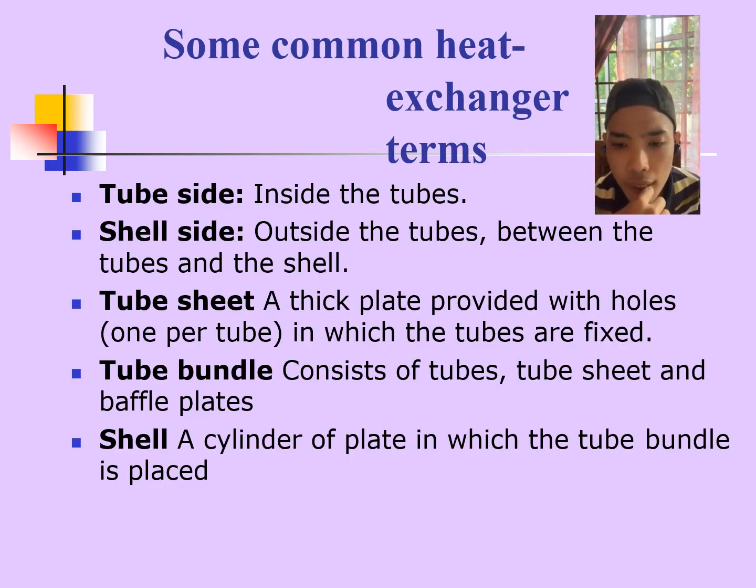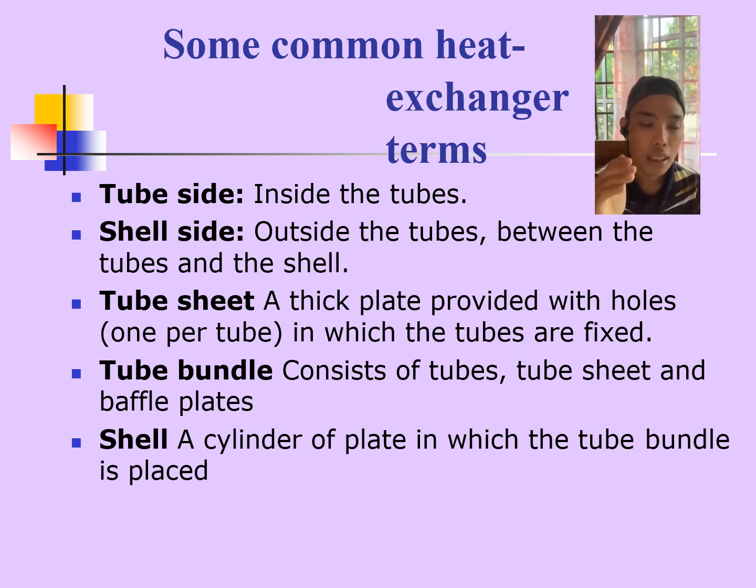Okay, there are several common heat exchanger terms. Okay, first, tube side. Tube side, as you see in the diagram before, is located inside the tube. Second, shell side. The shell side is located on the outside of the tubes, between the tubes and the shell. And the third is tube sheet.